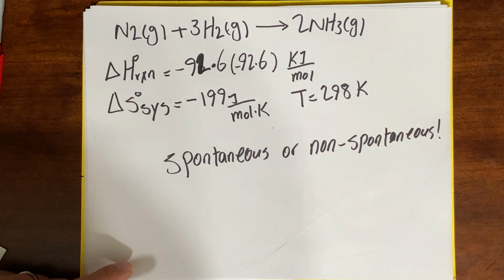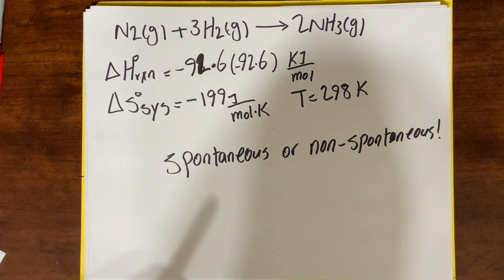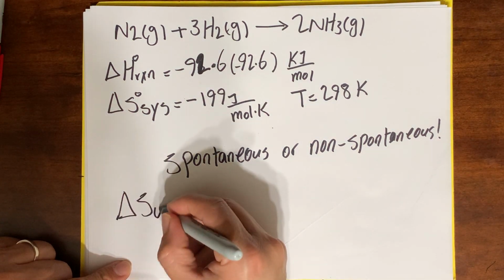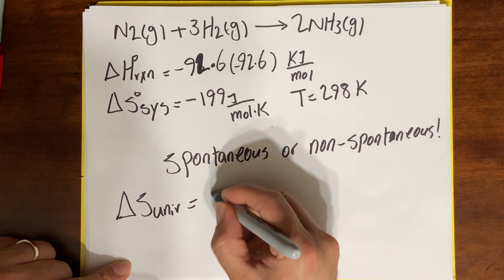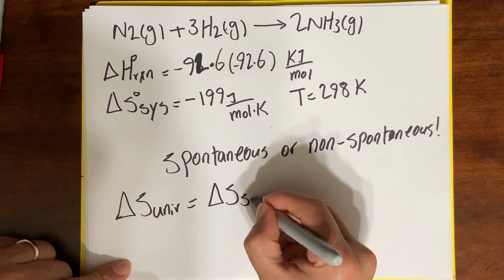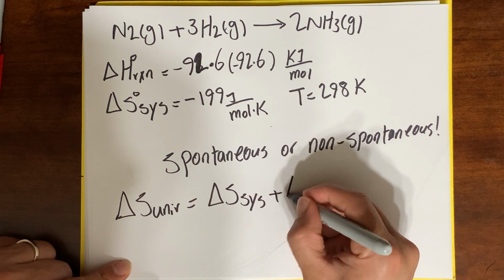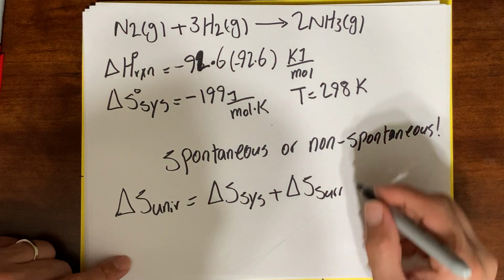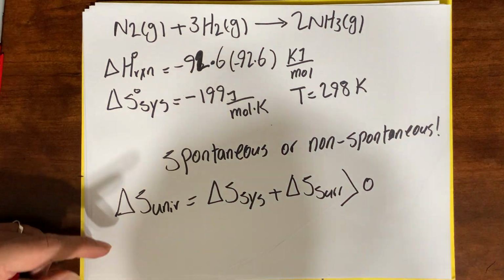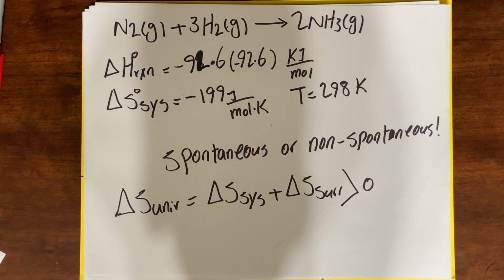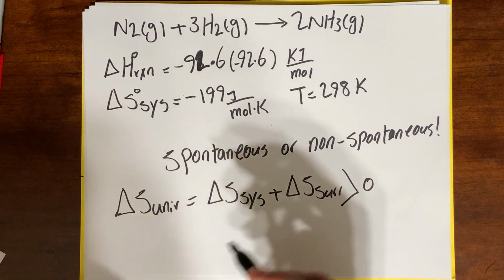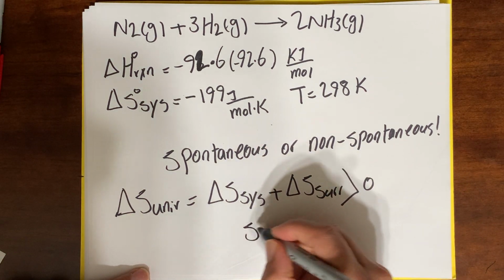Spontaneous or non-spontaneous, we need to know this. Delta S for the universe will be equal to delta S of the system plus delta S of the surroundings. This one must be a positive number based on the second law of thermodynamics, and then it will be spontaneous.